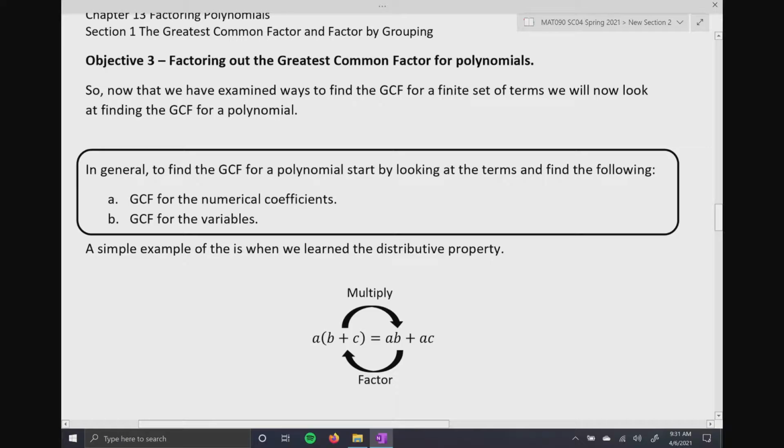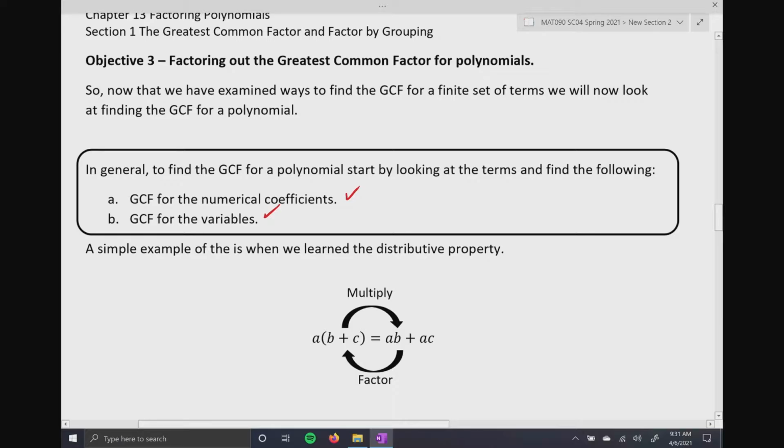So in general, the best way to find a GCF is exactly what we've been doing. You're going to be looking at the terms inside the polynomial. You're going to find a GCF for the numerical coefficients, and then you're going to find a GCF for the variables, and you're going to factor it out. So a simple example of what I'm talking about is something that we've all seen before, the distributive property.